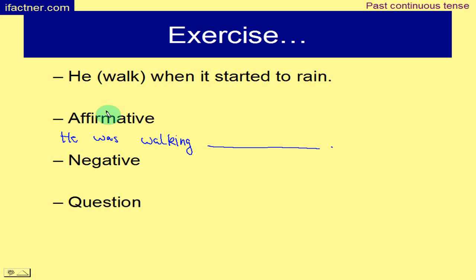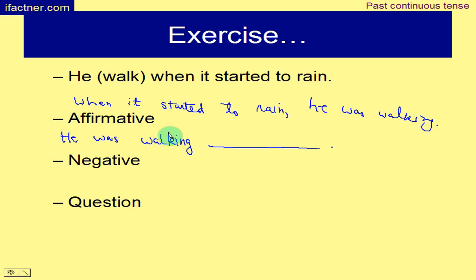Or you can say, when it started to rain, he was walking. Or you could use while: while he was walking, it started to rain, or it started to rain while he was walking. All four forms are correct.